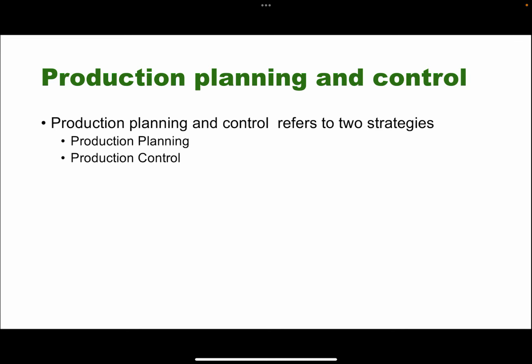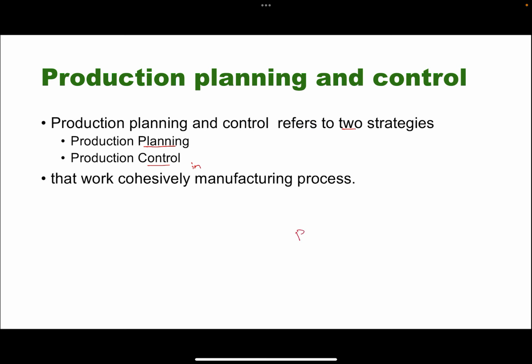Production planning and control refers to two strategies, production planning and production control, that work cohesively in the manufacturing process. I will explain it with the help of an example. Let us again take the case of a biscuit.